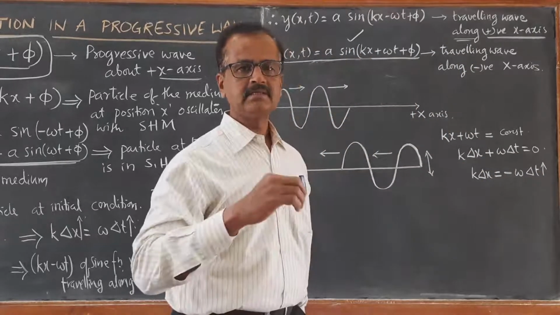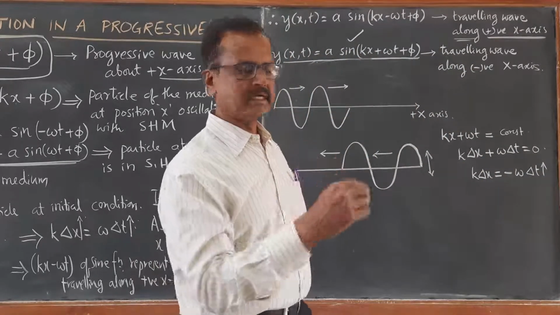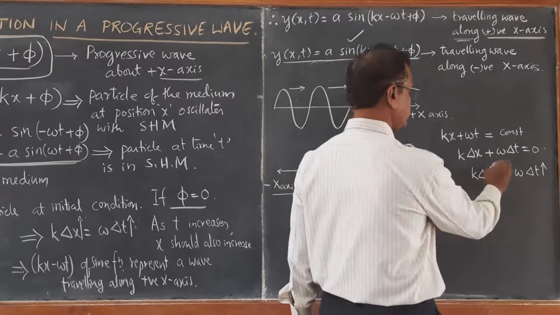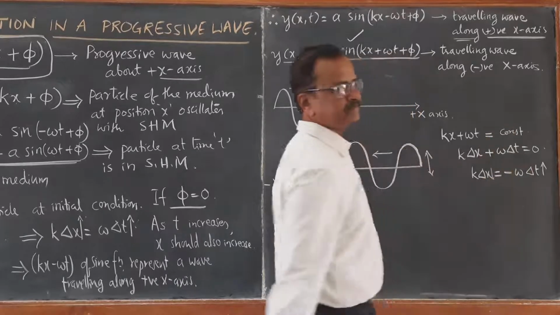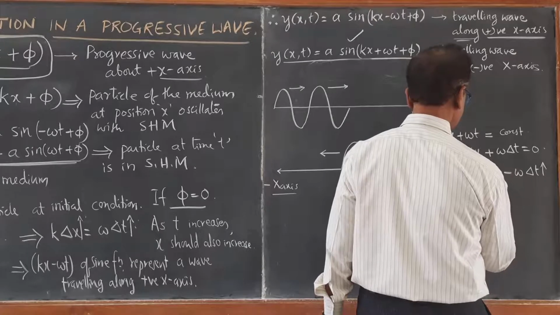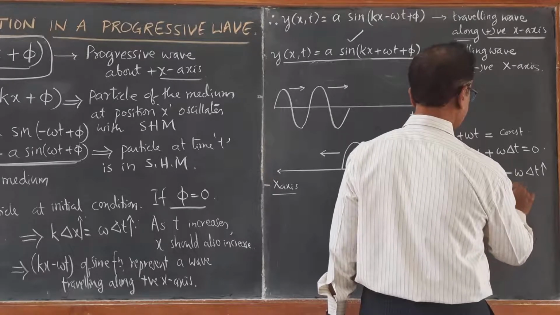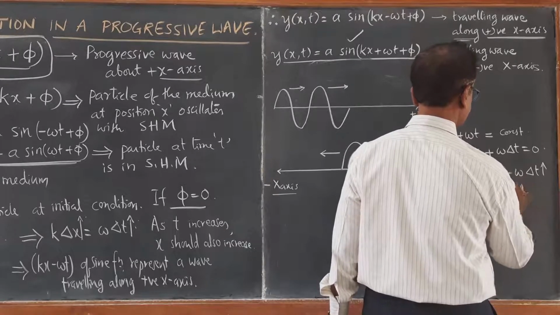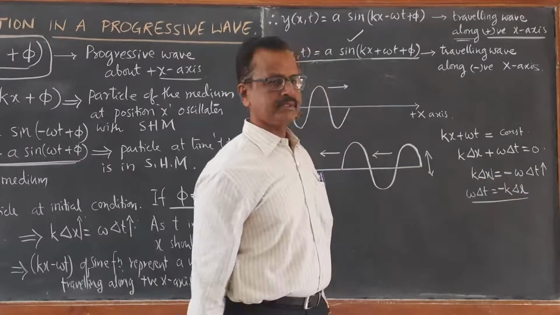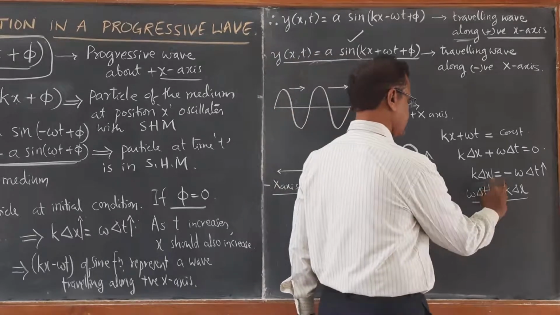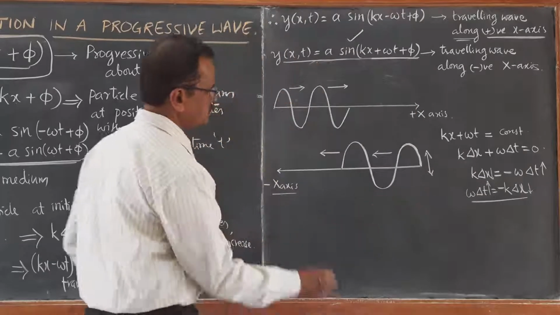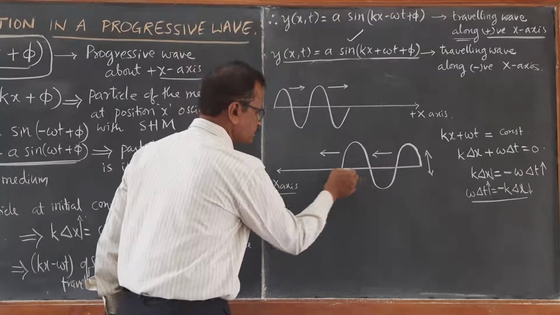Time is always a positive quantity, always increasing. As time progresses, delta x is decreasing, because omega delta t is equal to k delta x with negative value. So obviously, as time t increases, the x value takes lesser and lesser values.